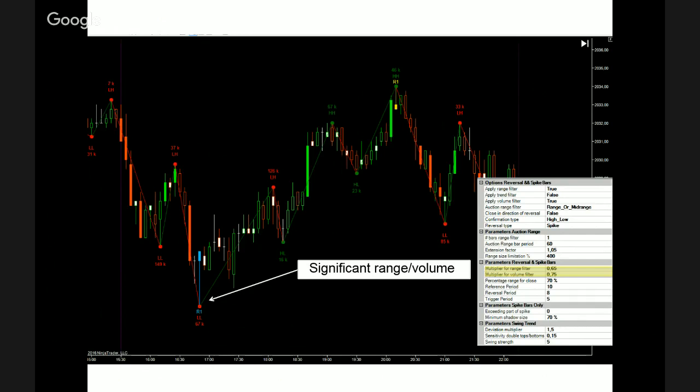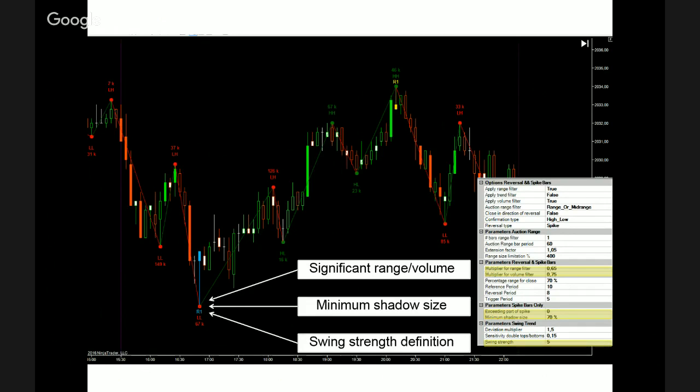And then we can define specifically the shadow size, and that is important to exactly define what type of price rejection it is that you're looking for. And finally, we have here also a way to define the swing strength.